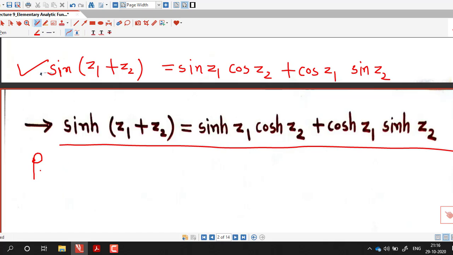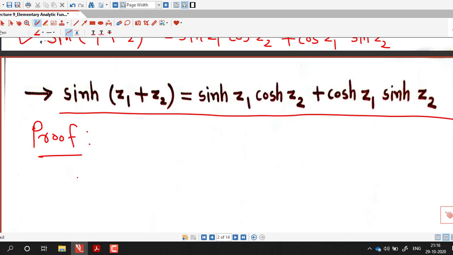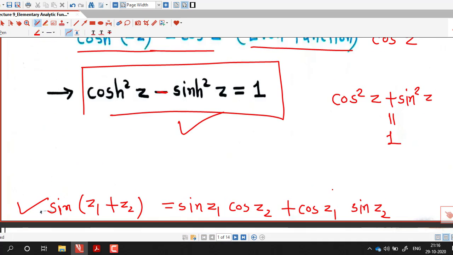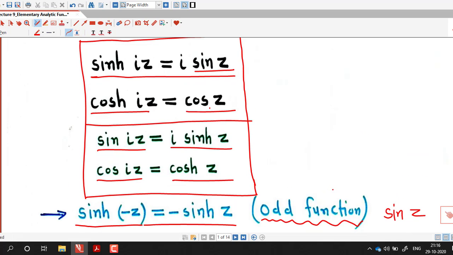So this we can prove easily using that relationship between hyperbolic sin and trigonometric function. Okay, so we know that sin hyperbolic z is nothing but, we use these relationships.